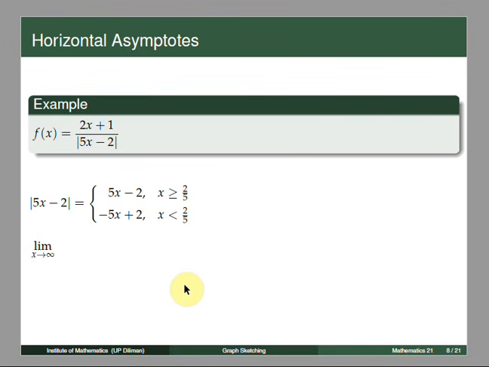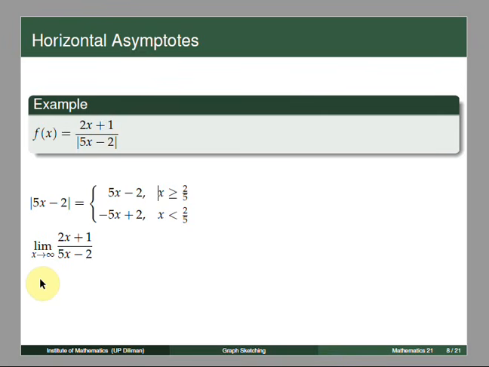Hence, if x approaches infinity, since x is positively large, we get the one where x is greater than or equal to 2/5, that is 5x minus 2. So the limit of f of x becomes the limit of 2x plus 1 all over 5x minus 2 as x approaches infinity.